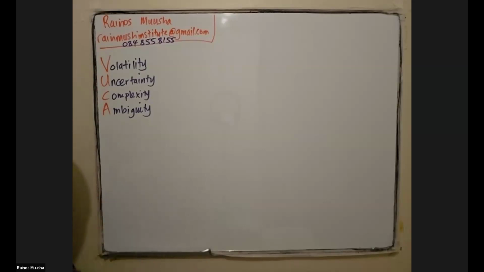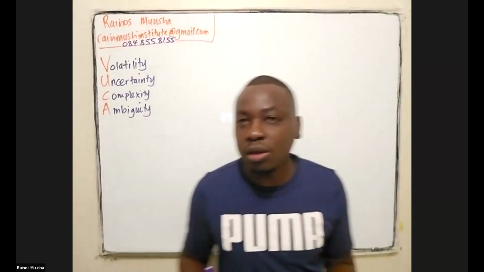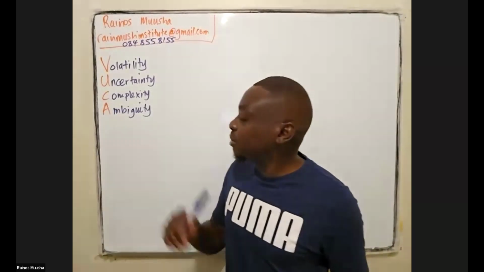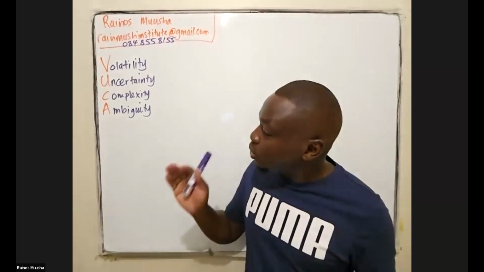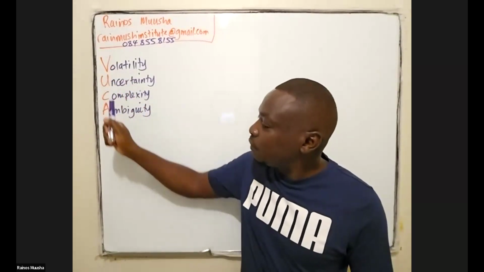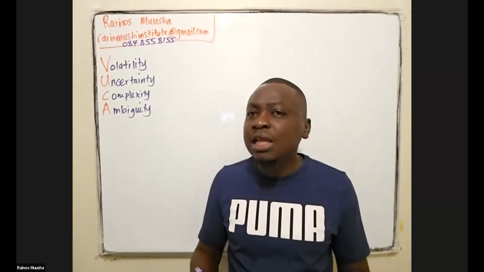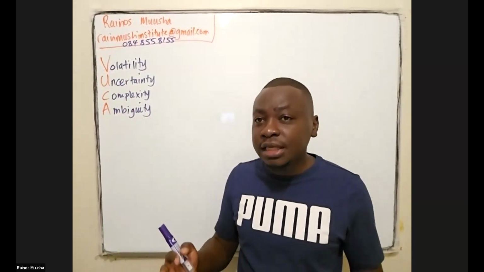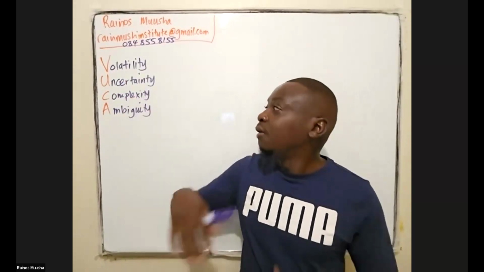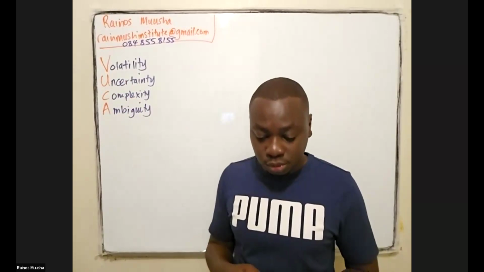Because remember, when you look at RSK4803, the goal of the firm is to maximize shareholders' wealth. So in pursuit of maximizing shareholders' wealth, these are the four situations that can describe the environment in which the business world is operating, which are volatility, uncertainty, complexity, and ambiguity.